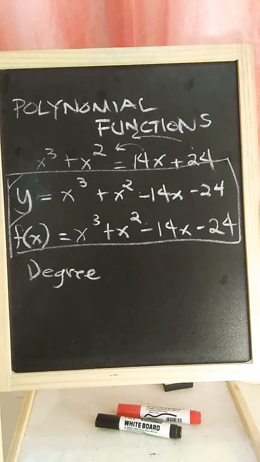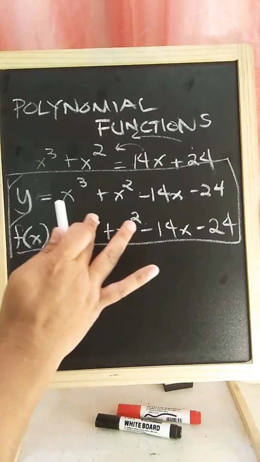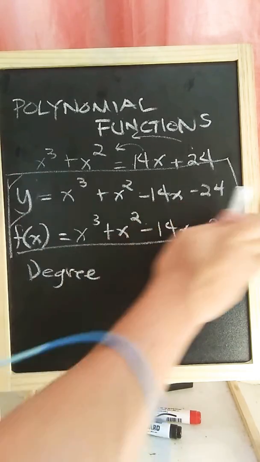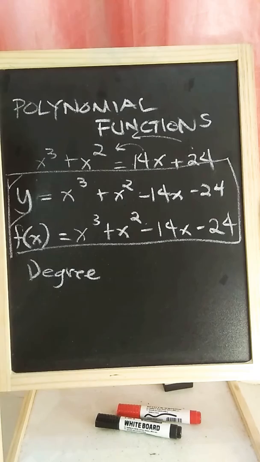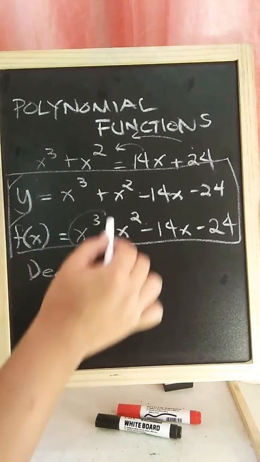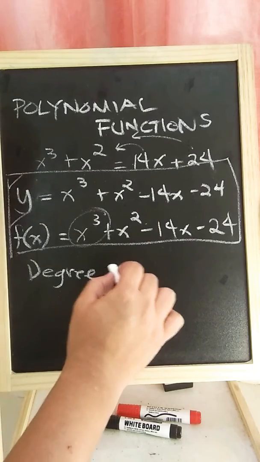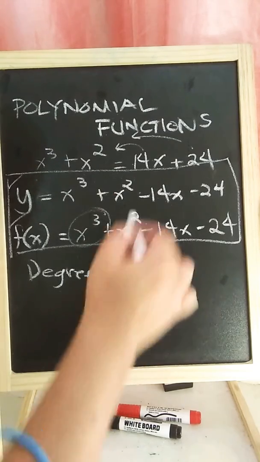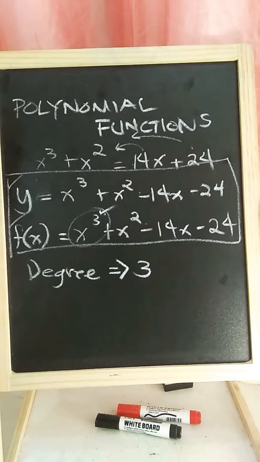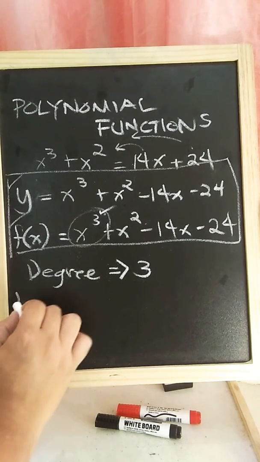Dito naman, dahil naka-arrange siya, yung mga exponents in descending order, from highest to lowest, obviously, your highest degree here is 3. So, the degree is 3. Yung exponent nung may pinakamataas mong term.